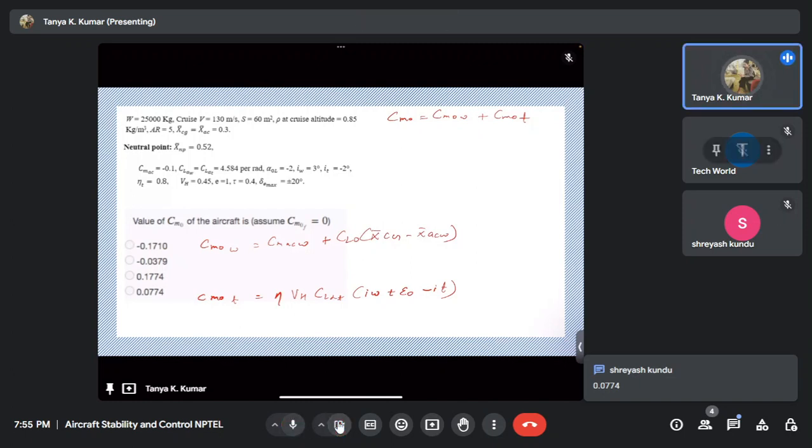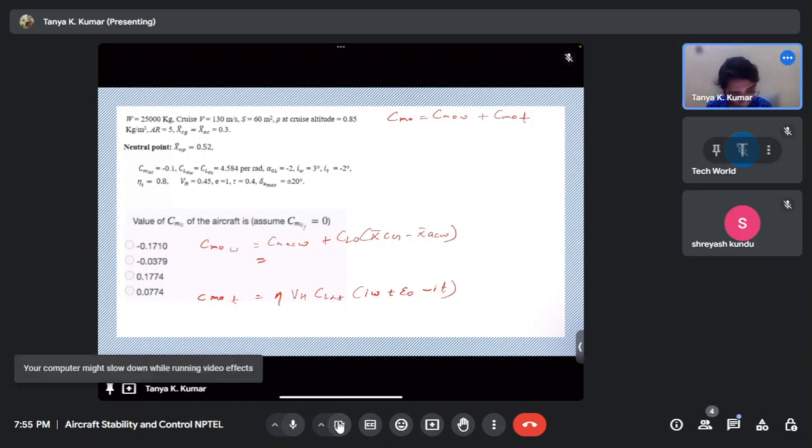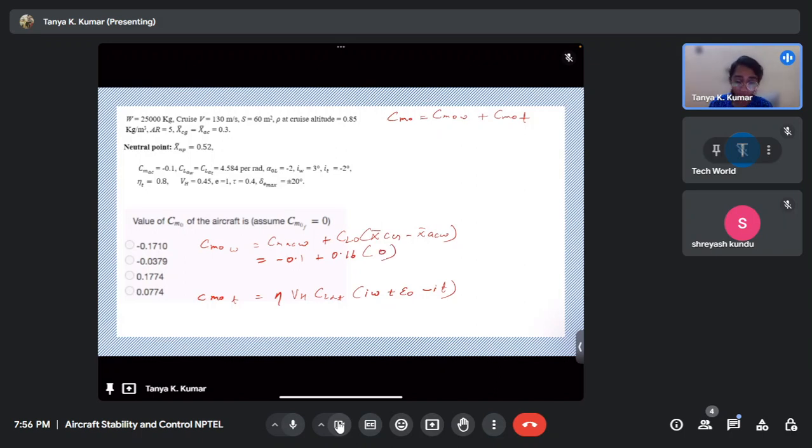Okay, let's just quickly substitute the values and find this out. CMAC of the wing is minus 0.1 plus CL naught we found out in the previous thing, it's 0.16, into x bar CG minus x bar AC, 0. So this comes to minus 0.1 because your CG and AC are the same point.